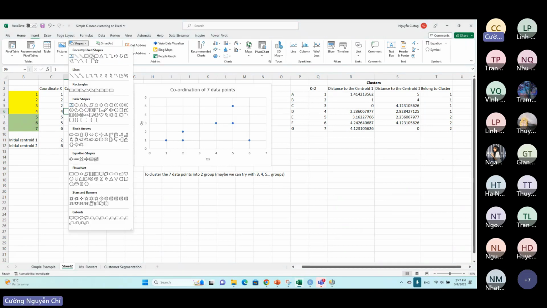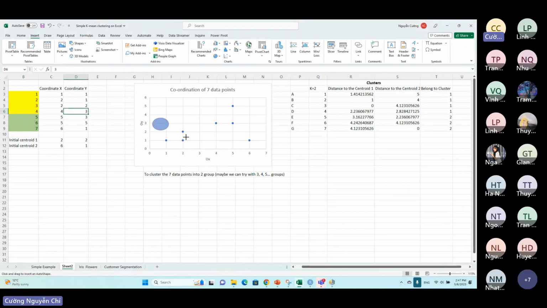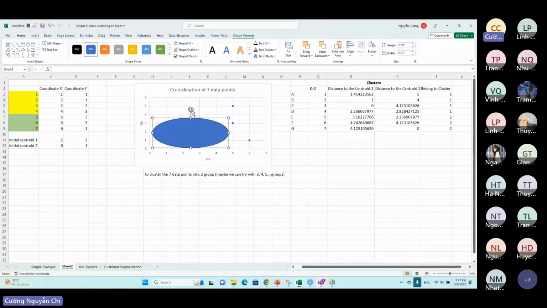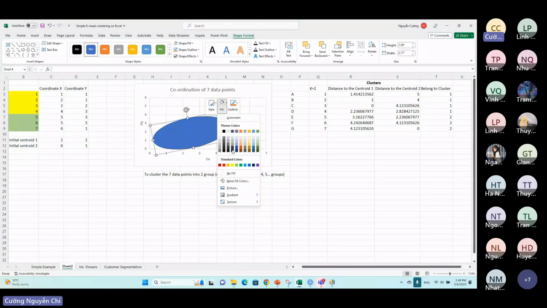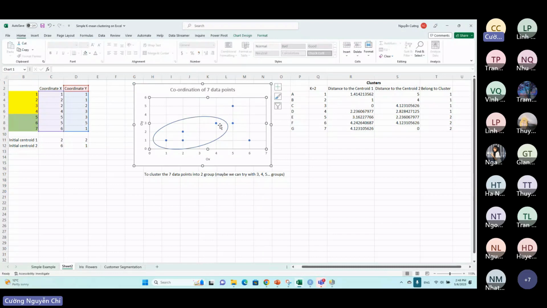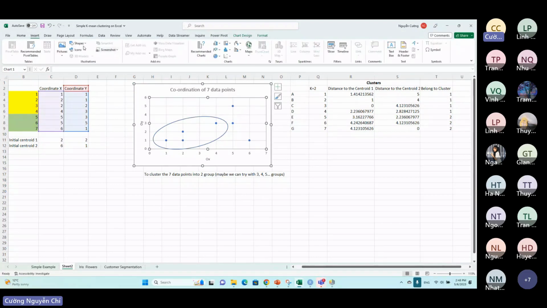So now our cluster will change a little bit. It should look like this. And then cluster number 2 should look like this.